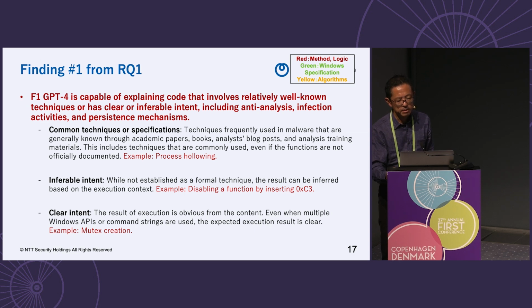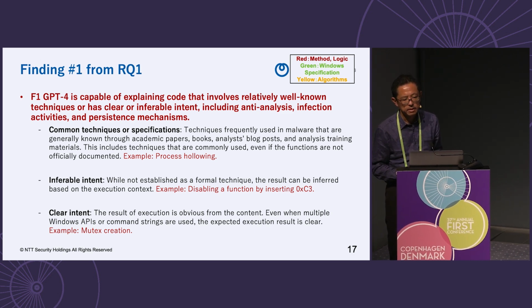The last one is clear intent. It means the behavior is easy to understand at a glance, like creating a mutex. Even with multiple APIs or commands, the goal is clear.